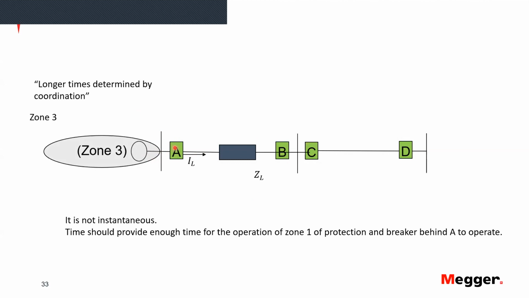Now, we've come to the realization that distance protection should be directional. In distance protection, it is very important to know the direction where the fault is happening. If the fault is happening here, it should know the fault is behind me. If the fault is happening here, it should know the fault is ahead of me.